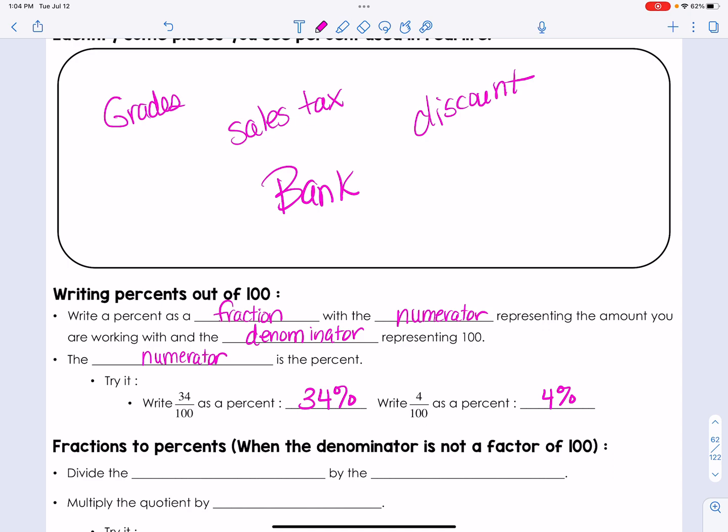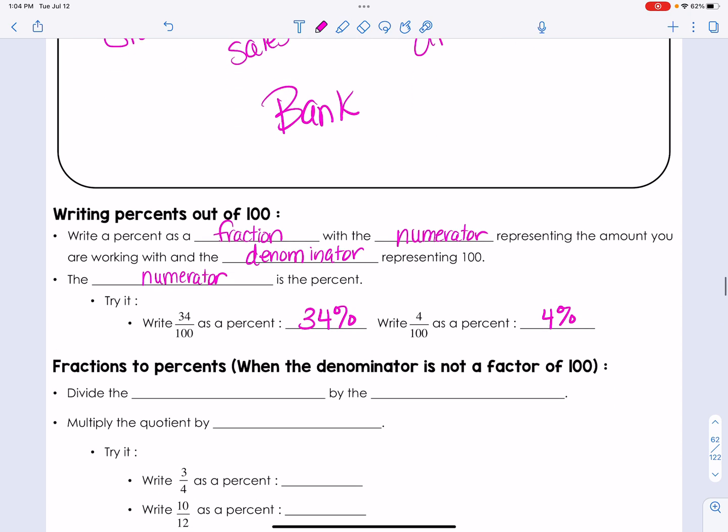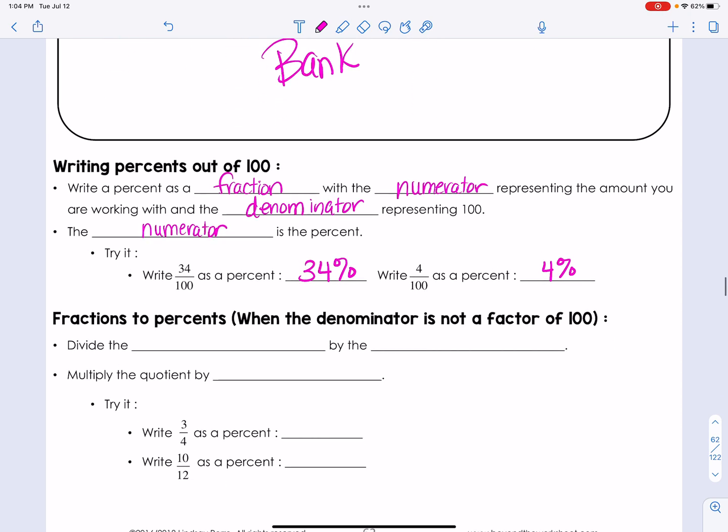Okay, so what happens though if it's not 100? So what happens if I have a test that has 20 questions on it and you've got 12 right? So wouldn't that be 12 out of 20? Okay, and so that's not out of 100. So if you look at this, it says divide the numerator by the denominator.